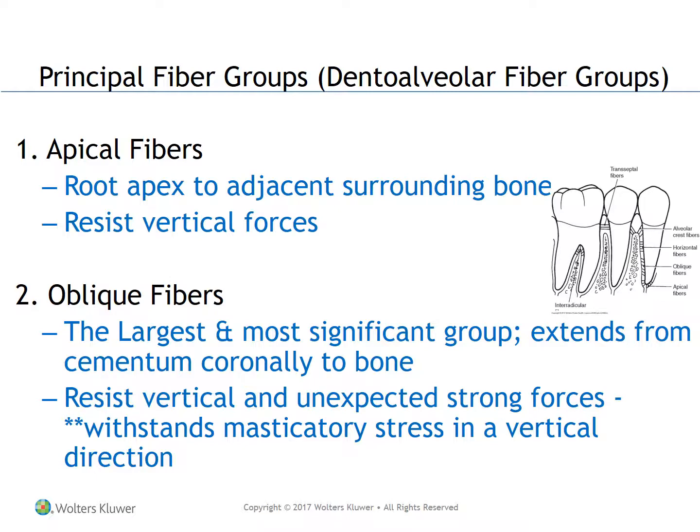Oblique fibers, the largest and most significant group, these extend from the cementum coronally to the bone. So they're inserting in the cementum and going upward. All right. These resist vertical and unexpected strong forces.